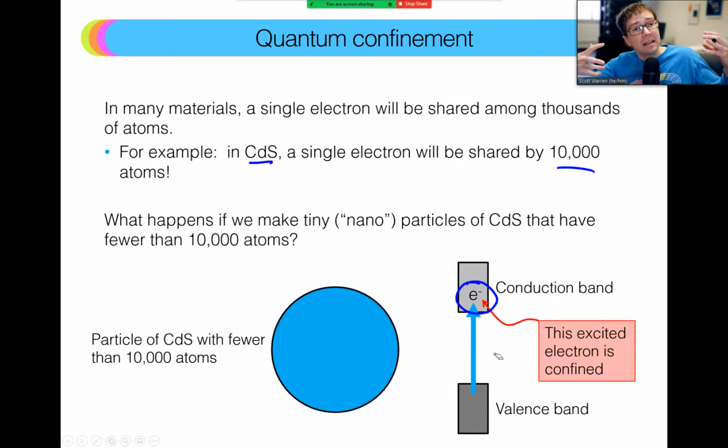And that change in the size from the ideal size destabilizes that electron and makes it go up in energy, or makes the conduction band as a whole go up in energy. So the effect is, as the particle becomes smaller and smaller, the quantum dot becomes more and more confined, or the electron becomes more and more confined, and the band gap gets larger and larger because that electron in the conduction band becomes less and less stable.